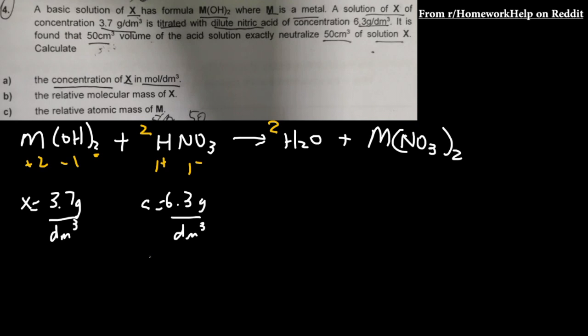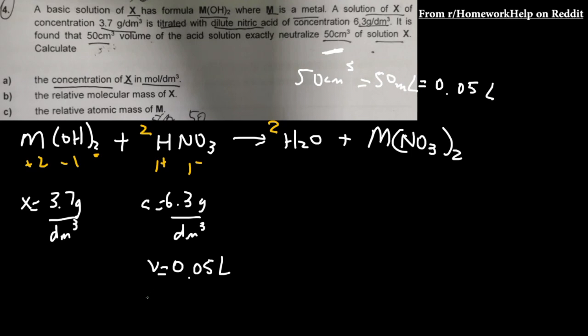That's fine. It also gives us the volume. So the volume it gives us is 50 centimeters cubed. 50 centimeters cubed is the same as 50 milliliters, and 50 milliliters is the same as 0.05 liters. So that's how I got it down here.